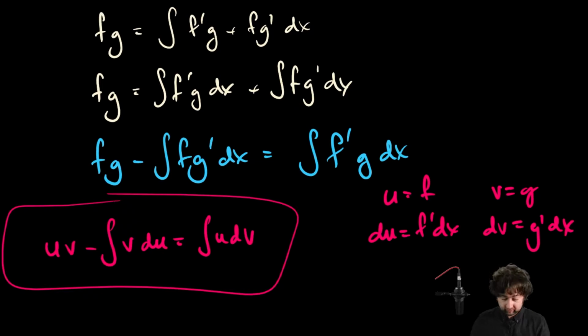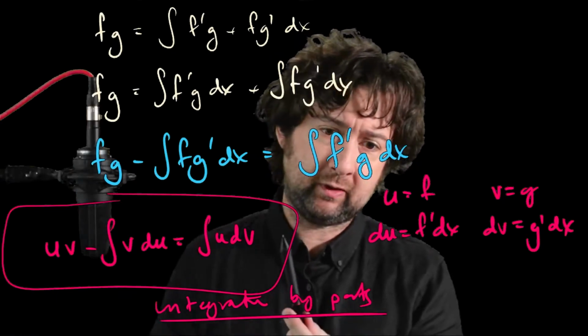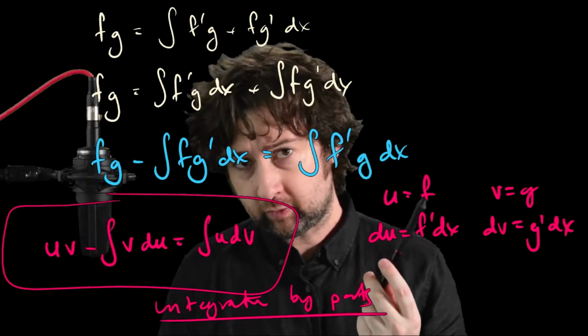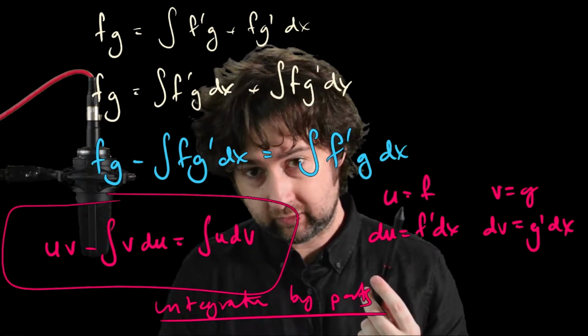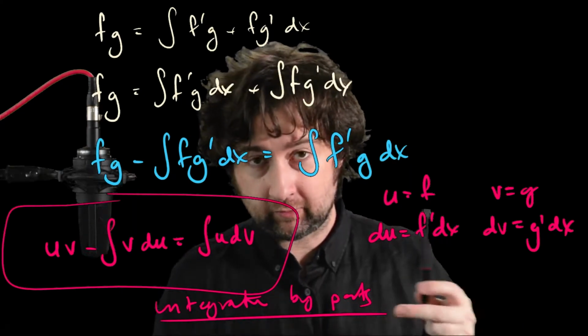And this formula is the basis of integration by parts. The reason we call it integration by parts is because when we use the formula, this substitution we make here, where we pick a u and take its derivative, and we pick a dv and take its integral, means that we're dealing with these two pieces separately.